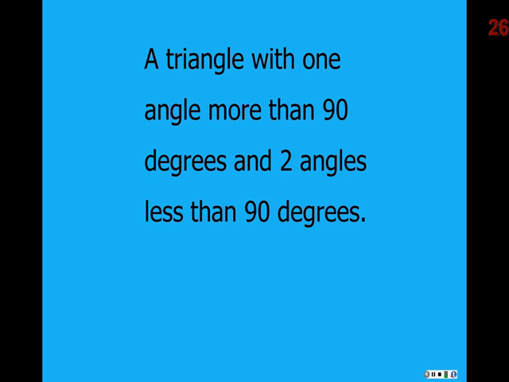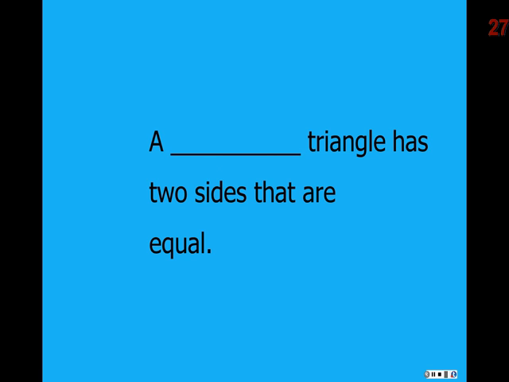If an angle is more than 90 degrees, obtuse triangle, because I told you we could have an acute and an obtuse triangle. Somebody was listening to my triangle lecture. Good job. Okay, a blank triangle has two sides that are equal. Isosceles.